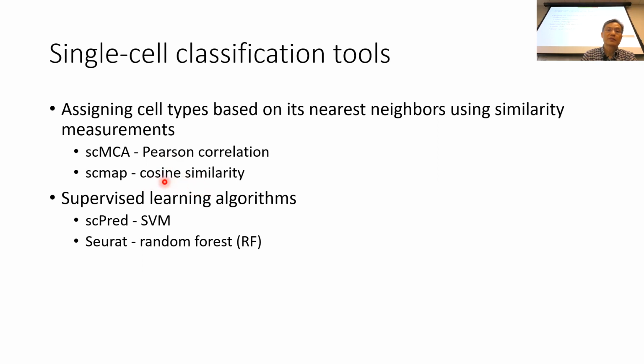If you cannot remember, I suggest you look at the previous week's slides. The cosine similarity is the dot product of A and B divided by the product of their norms. There are also supervised learning algorithms. For example, this one uses SVM, and this one, Seurat, uses random forest. I'm not so sure here, and Seurat's package is very famous.